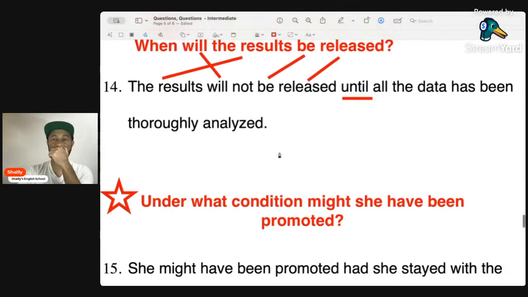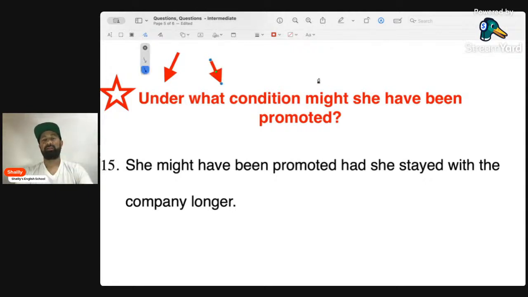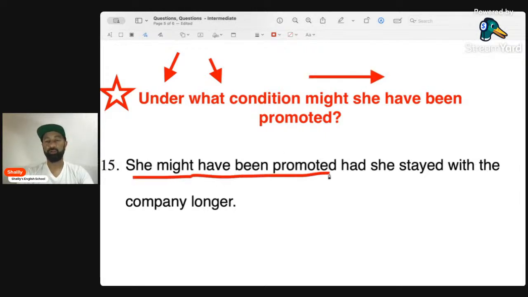Now, as you can see, even though I began the question in a unique way, under what condition, from this point on, I'm using all of the words from the answer. She might have been promoted. Might she have been promoted? Okay, so under what condition? Under what circumstance? This is a great way to make a question.